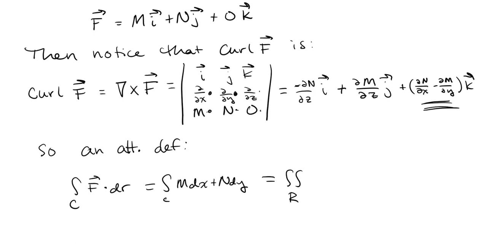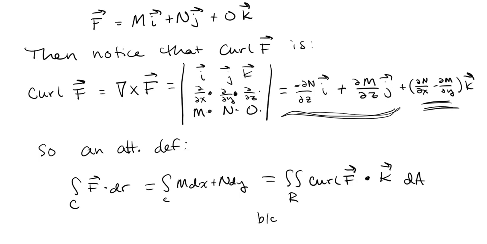So one of the ways that we could represent that, if we want a little way to remember it, is we could do the curl of f. But notice I don't want all of this. That part I don't want. So one of the things we could do then is we could dot that with just the vector k. And this would be because k, remember, is the vector 0, 0, 1.